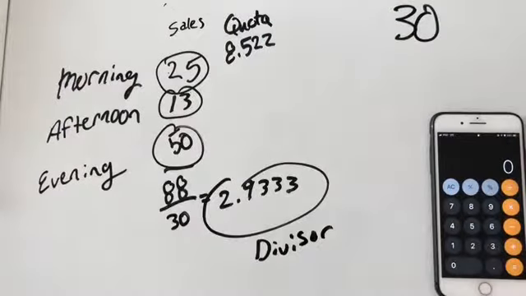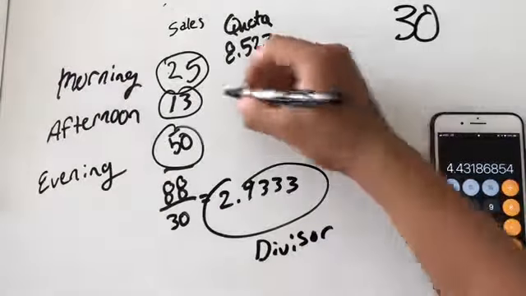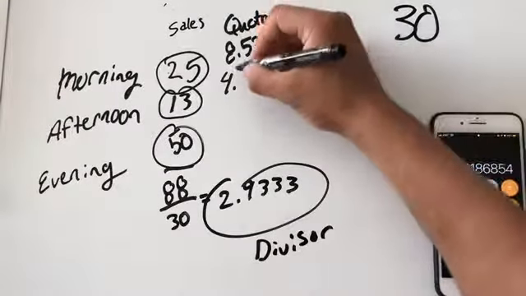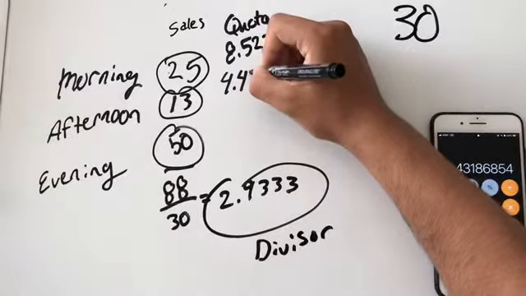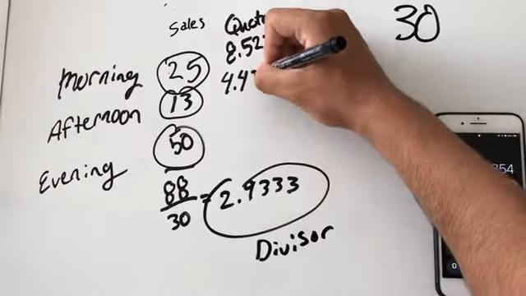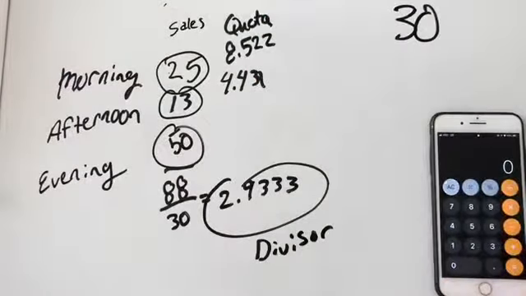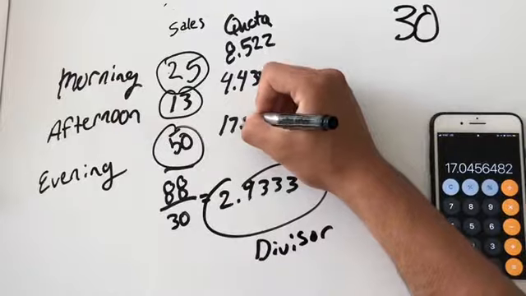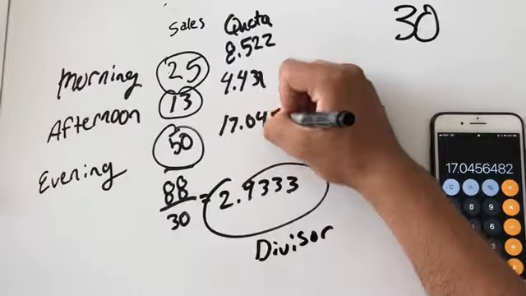And we repeat the process. 13 divided by 2.9333. We get a quota for the afternoon shift of 4.31. Now for the last shift, we got 50 divided by the divisor, and we get 17.045.